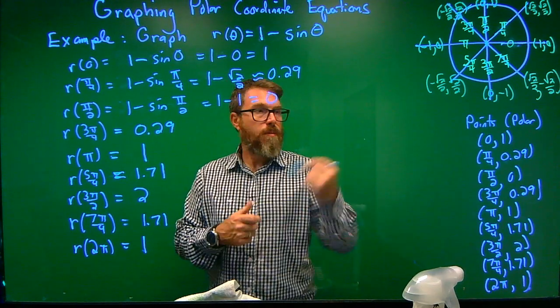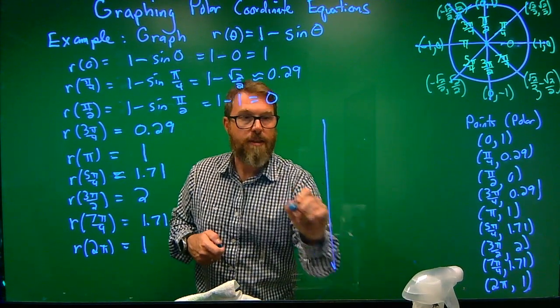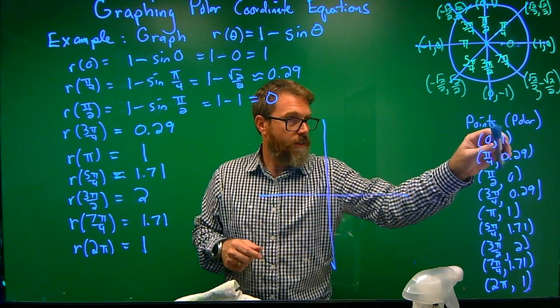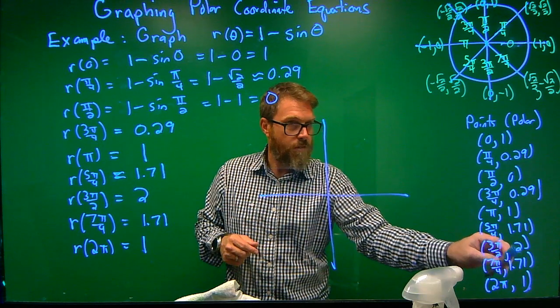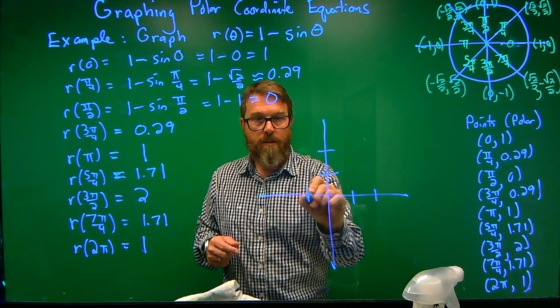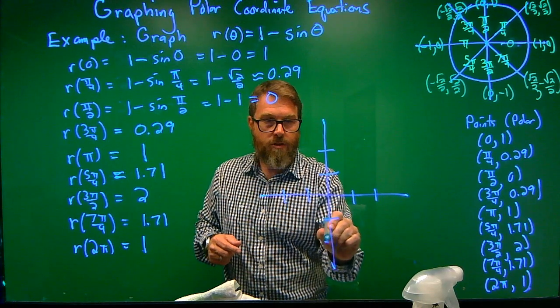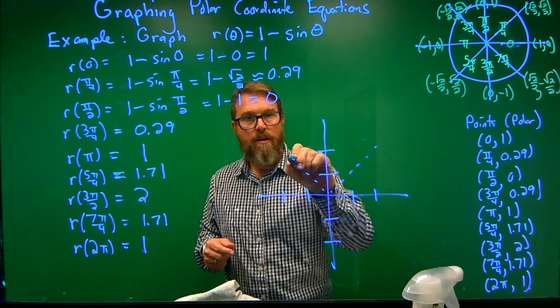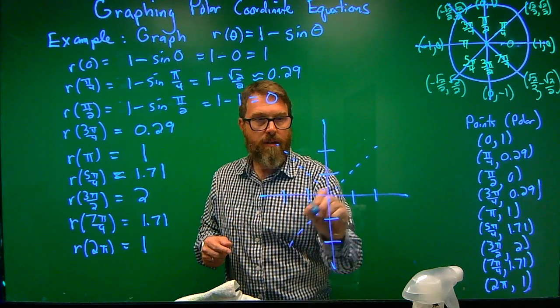let's use the same blue marker, it's so vibrant. So when we graph this, we know that our furthest distance away is going to be 2, so I'm going to make our radii 2, and then I'll put some 45s in there, or pi over 4s and so on.